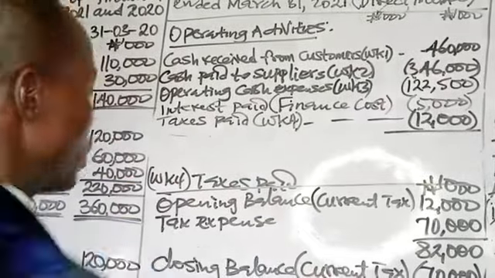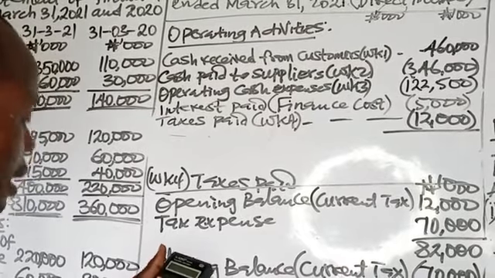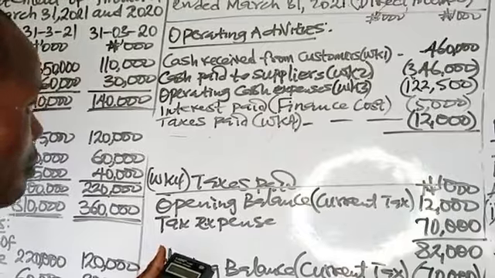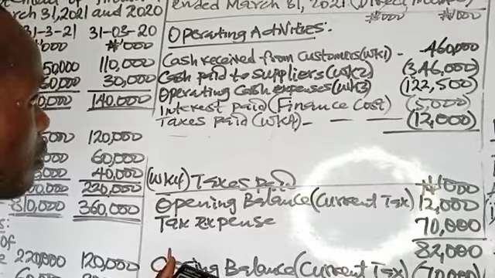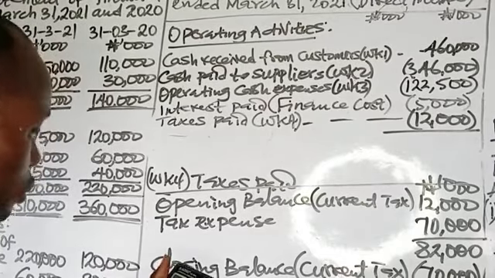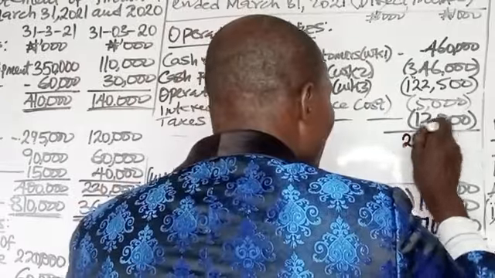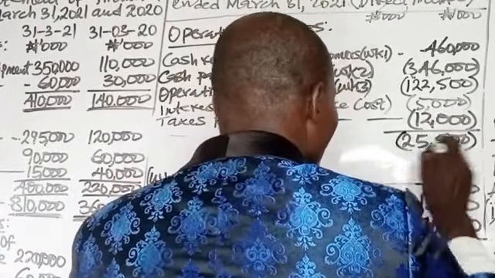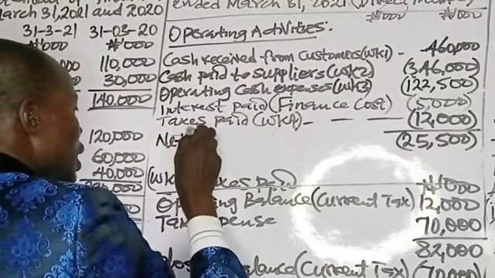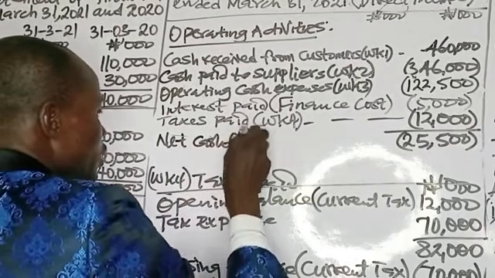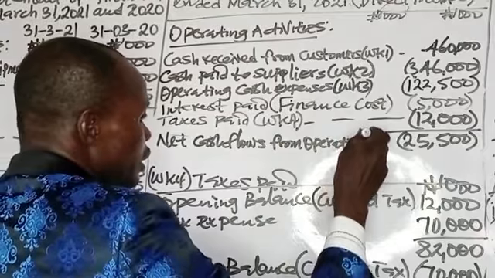So now, let's roll it to total. 460 million minus 346 million minus 122.5 million minus 5 million minus 12 million. So you have 25.5 million negative. This is net cash flows from operating activities.